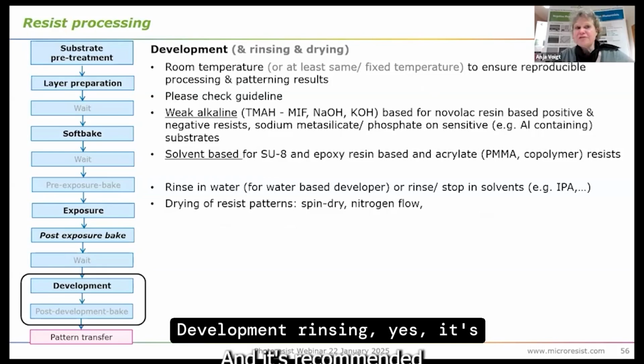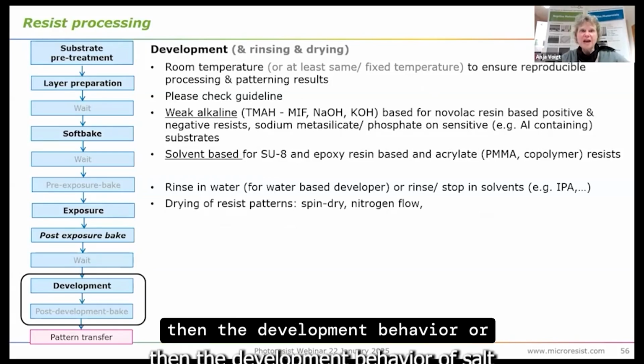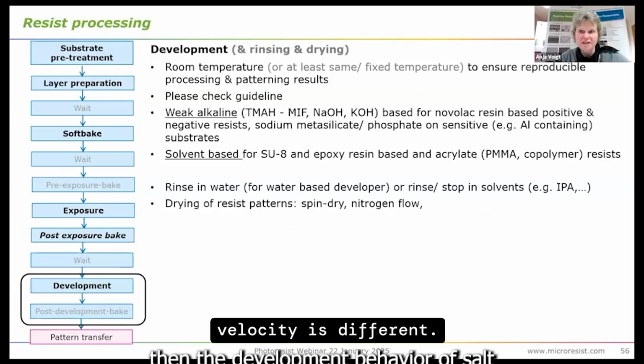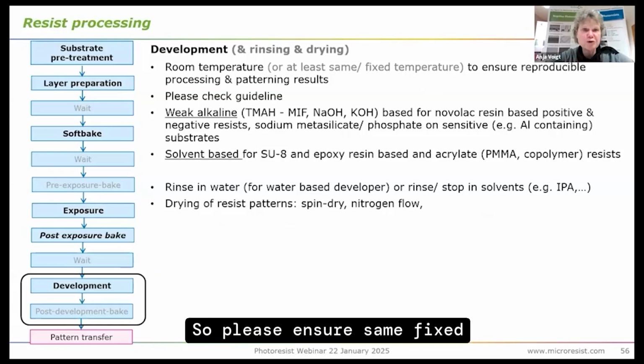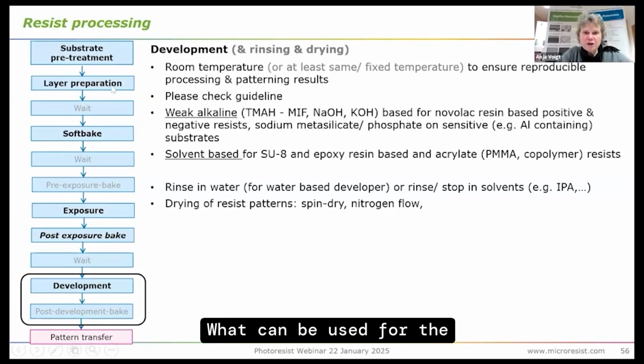Development and rinsing, yes, it's recommended mainly at room temperature or at least at the same fixed temperature. If the temperature is different, then the development behavior or velocity is different. So please ensure the same fixed temperature. What can be used for the development?